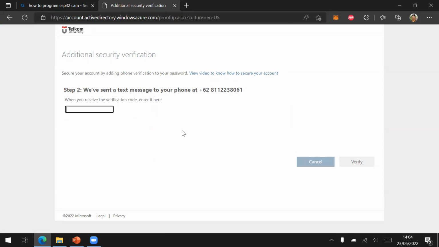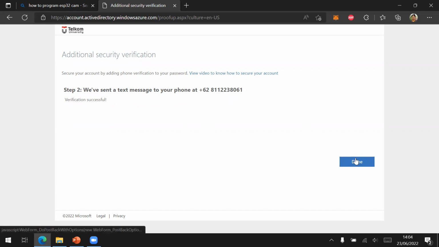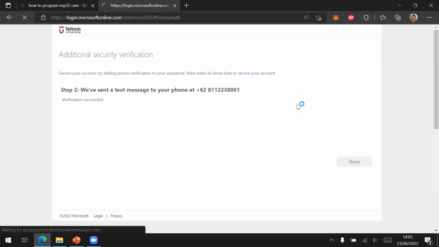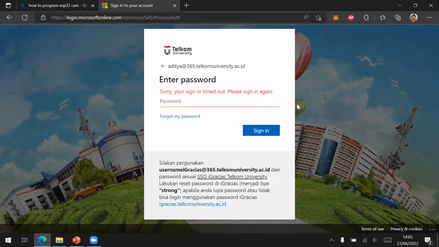Okay, send it. Okay, sorry for the delay. Actually, we are in the process of migrating from Google Cloud to Microsoft Azure.